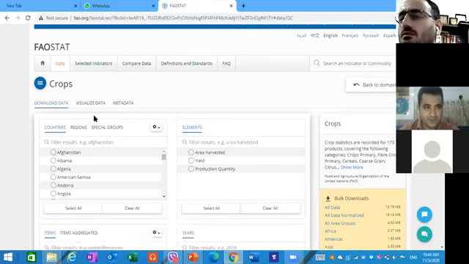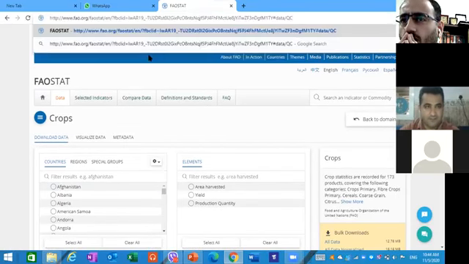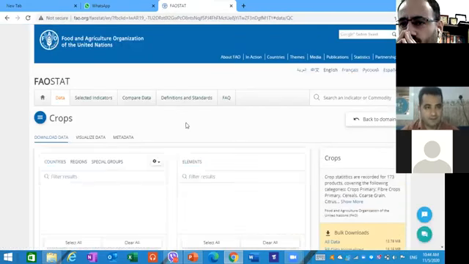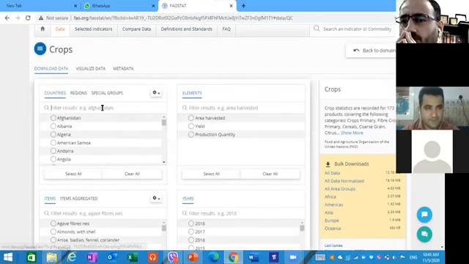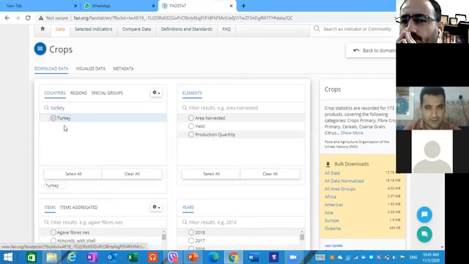For example, first of all we copy the link. After that, we search for information about Turkey, for example yield and production, or area harvested.